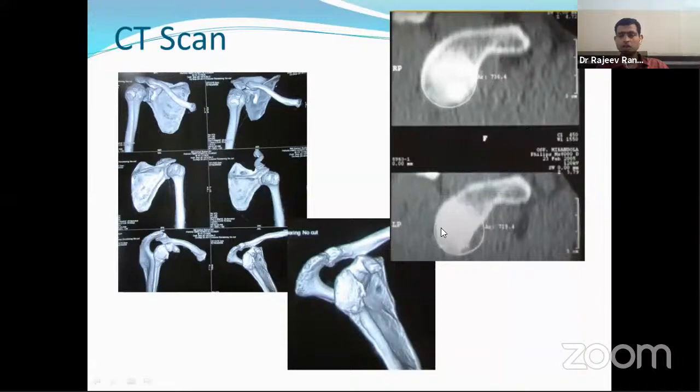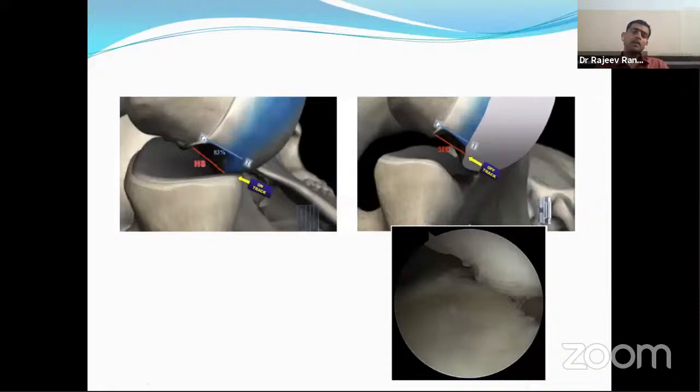In this photograph, we have shown the best fit circle method for the measurement of the glenoid bone loss. This is important for the planning of further management. This slide shows the newer concept of the off-track and the on-track lesions of the humeral head. Previously, it was engaging and non-engaging, but this concept has been modified by Di Giacomo and Burkhart in 2014.